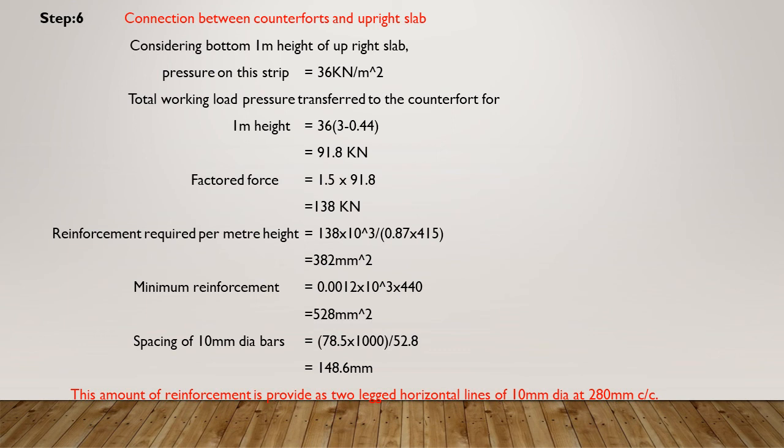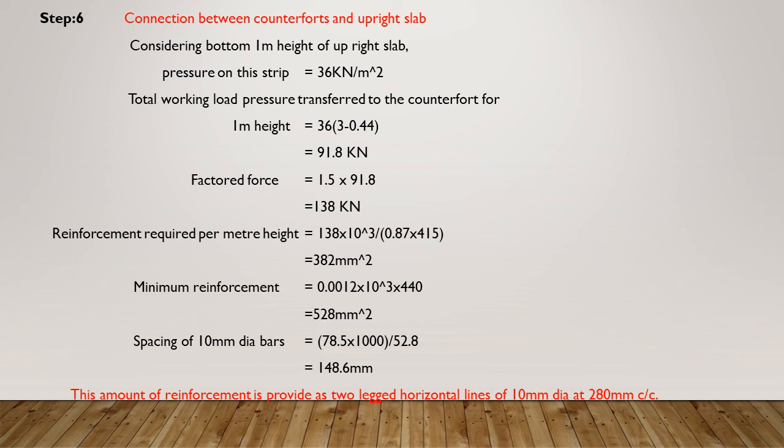Then the reinforcement required per meter: you need to multiply the cross sections. So 138 into 10 power 3 divided by 0.87 into Fy. Fy is given in our question, so directly apply 415. So 382 mm square. Then the minimum reinforcement is equal to 0.12 percent of the cross-sectional area. So apply the cross section and the 0.12 percent values, then 528 mm square.